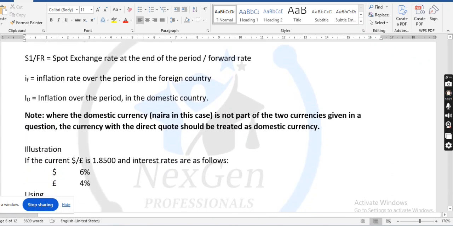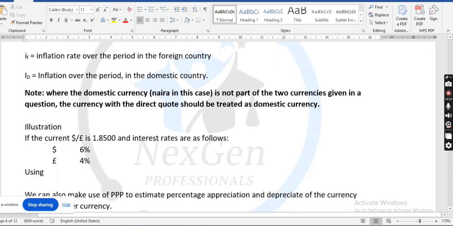Okay, I bring in interest. Let me change this to interest. Let me change it to inflation. Inflation rates are as follows.